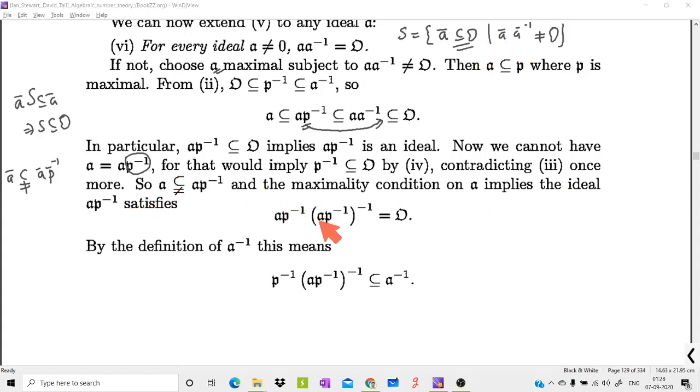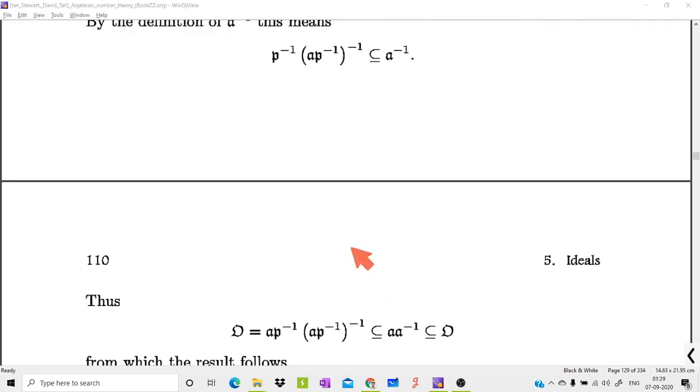That means AP inverse whole inverse should be O. This shows that A into this equals O. Every element of this product is in A inverse. This is the definition of A inverse: A inverse is defined as the set of all x belonging to K such that xA is contained in O. So if we consider any element x of this, then xA is contained in O, and that element is an element of A inverse.